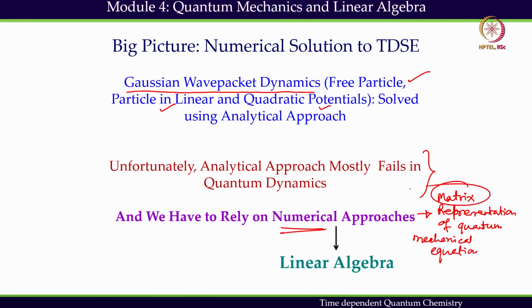That's why we need to represent quantum mechanical equations in the matrix form. And these numerical methodologies are developed based on the realization that the mathematical language of quantum mechanics is actually linear algebra. Mathematical language of quantum mechanics.